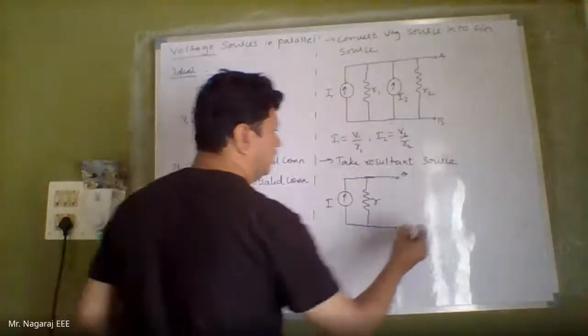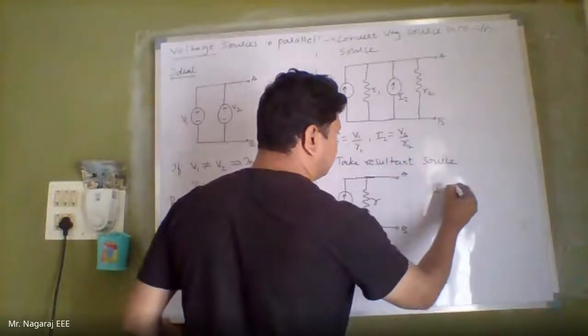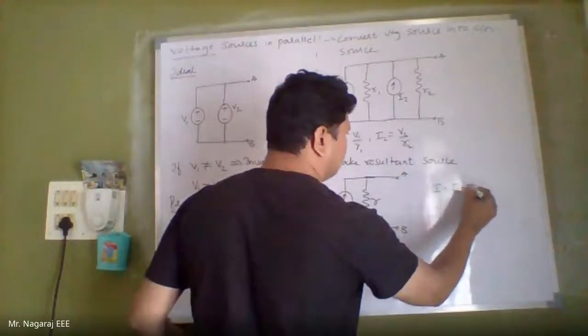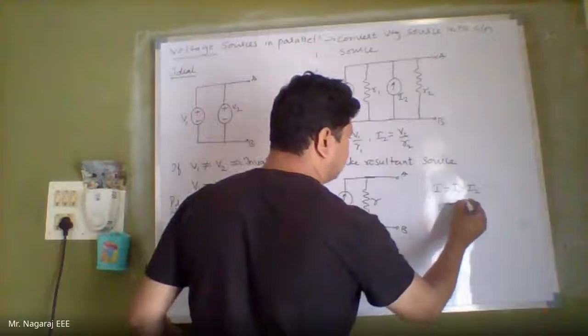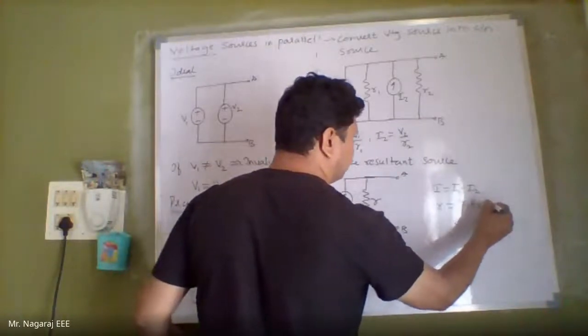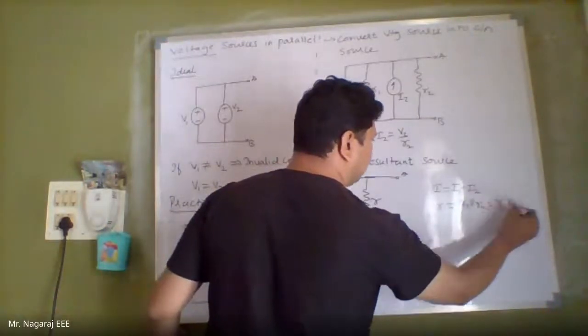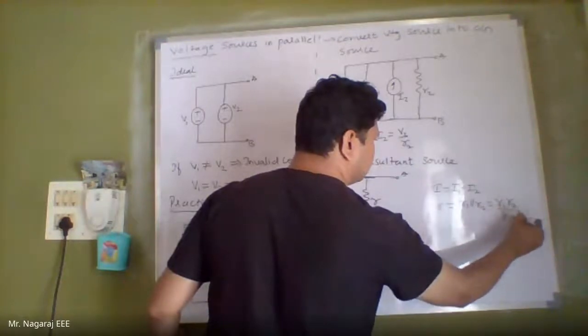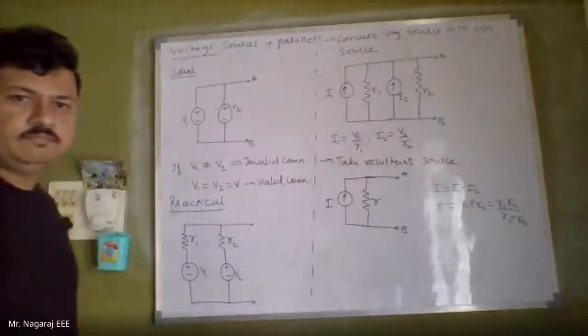This is I. Now I is equal to I1 plus I2, and R is equal to R1 parallel R2, that is R1 R2 divided by R1 plus R2.